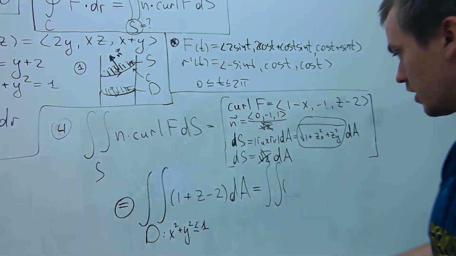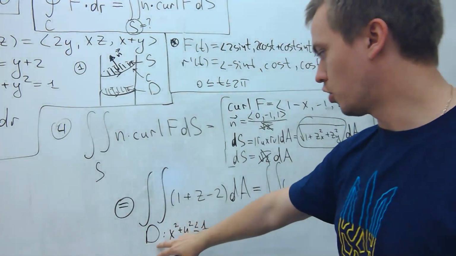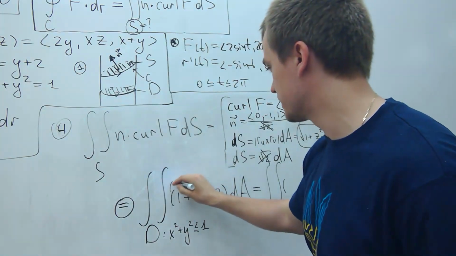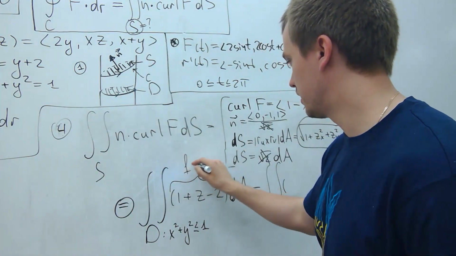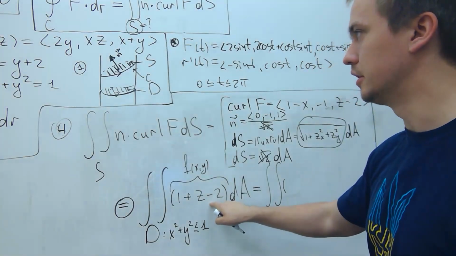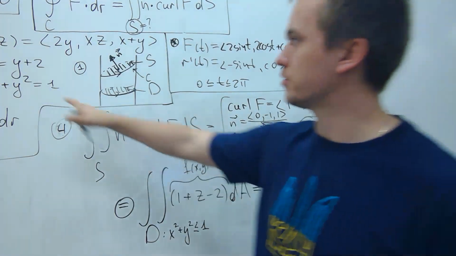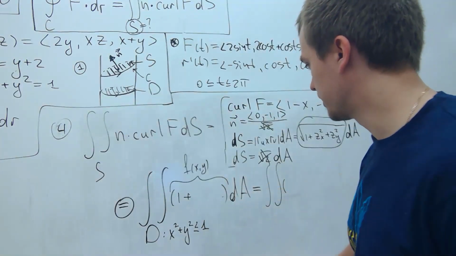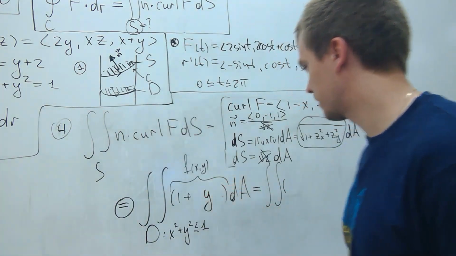Yeah, the mistake is when we have the double integral over a region in the xy plane, the function inside is f in terms of x and y. So I cannot have variable z. But z minus 2 is equal to what? It is equal to y. So here I will have 1 plus y. Okay.